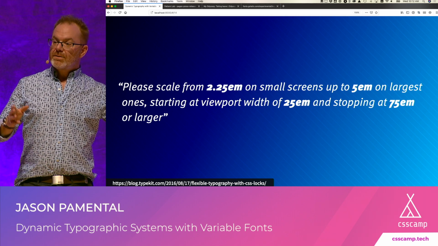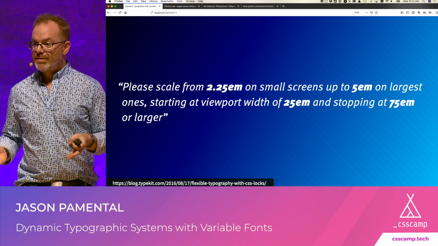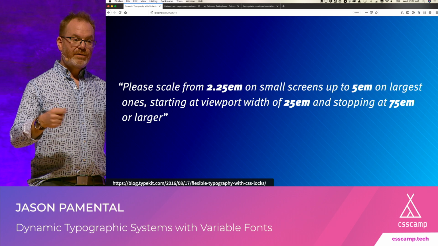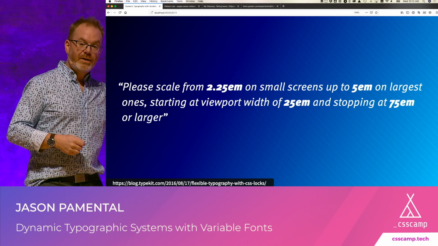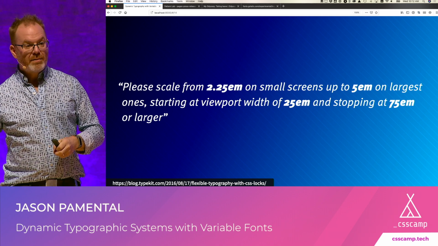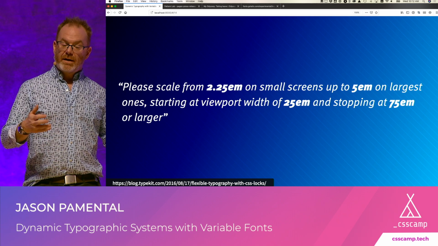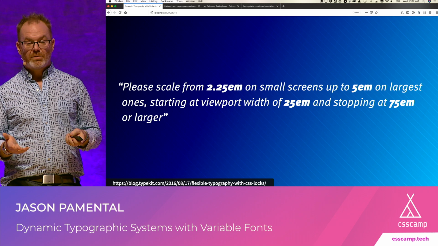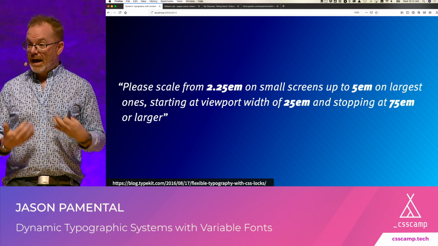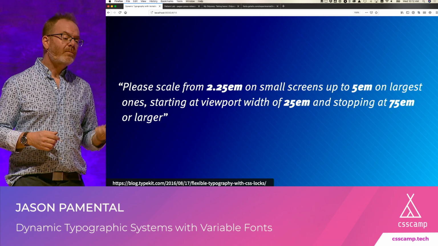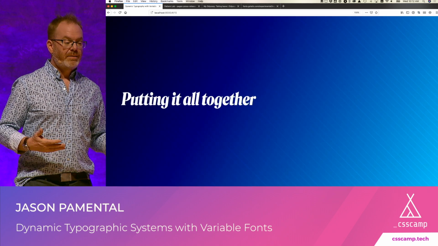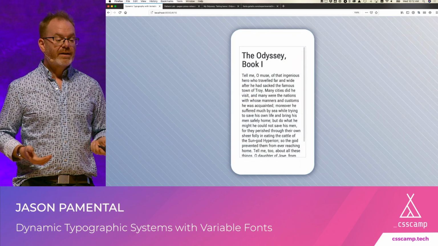But the idea is browsers are good at doing math, and they can mix different units. So you can use viewport units multiplied with ems or rems or pixels to end up with a scaling unit end result in that calculation that works really well, far better than I can do it myself. So with that system in mind, we can put all of this together.